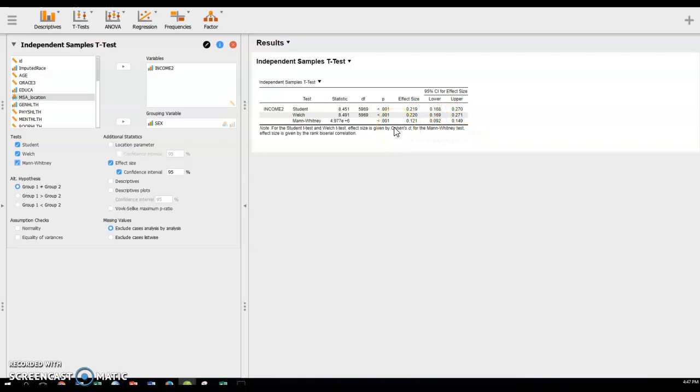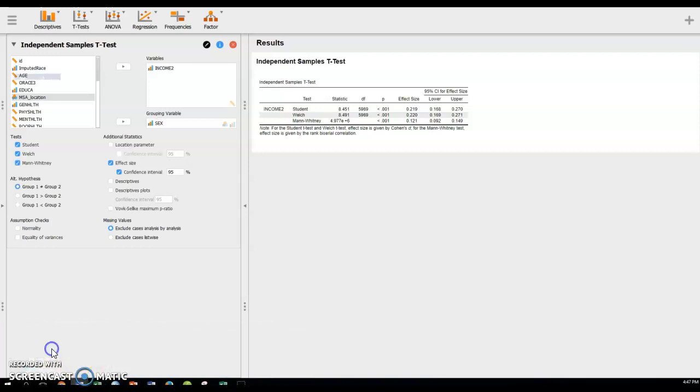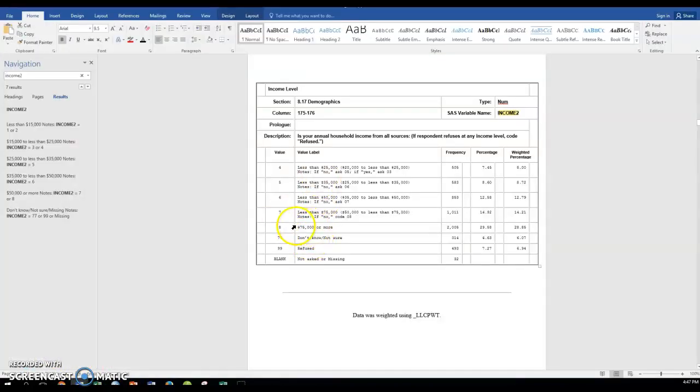And this is where we would need to go in. My hunch is, and you might think to yourself, and this is what I'm thinking, that males make quite a bit more than females. We should see more practical significance here. And I think that's absolutely correct. The reason we're not getting that is because of the way the data is coded, because this is all lumped together in a single category.